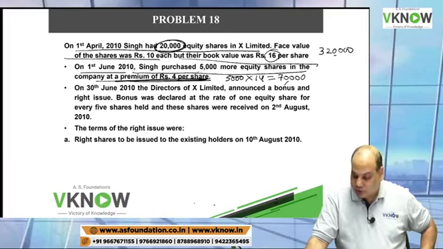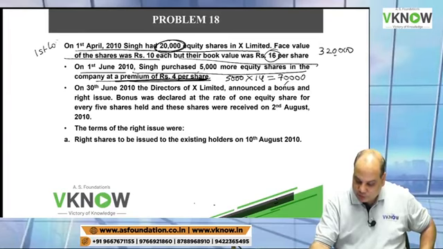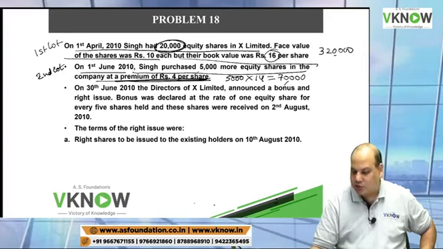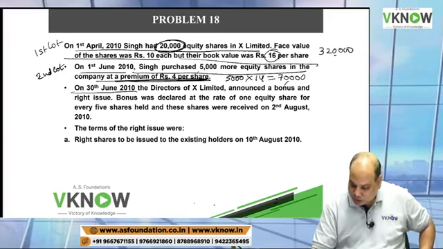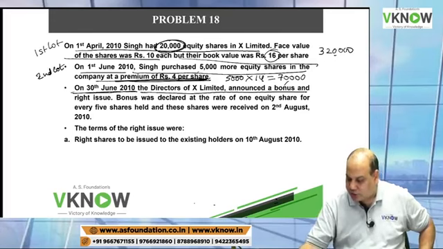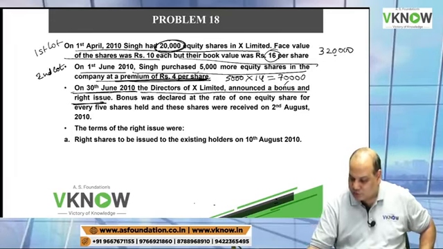That is 70,000. So this I will call first lot, opening lot, and this is second lot. On 30th June 10, the directors of X announced a bonus and right issue.